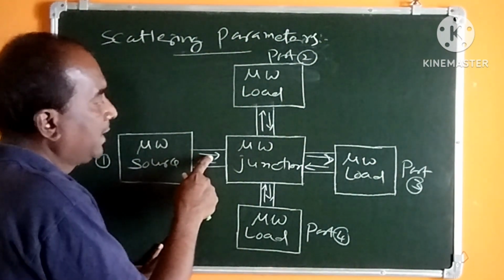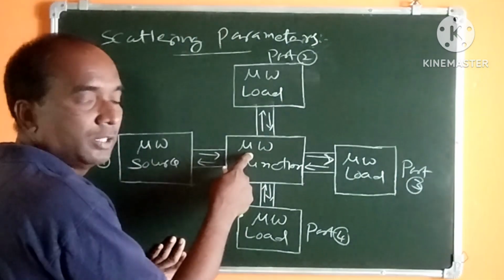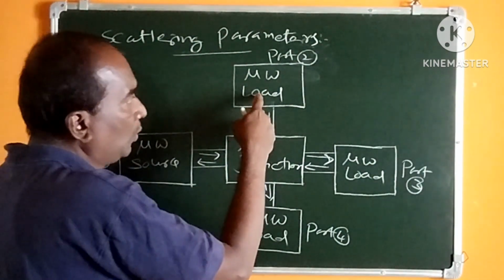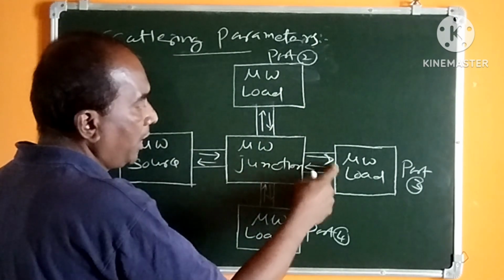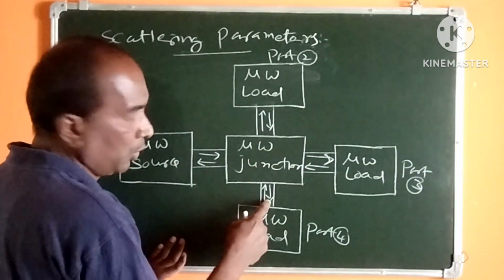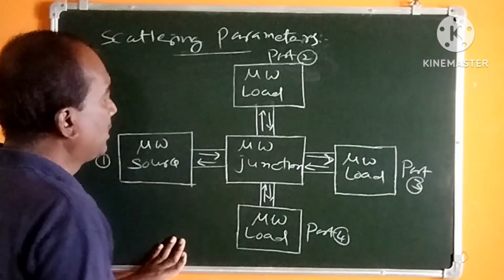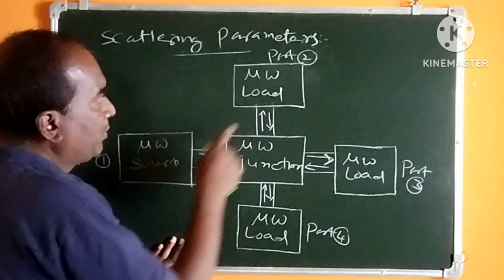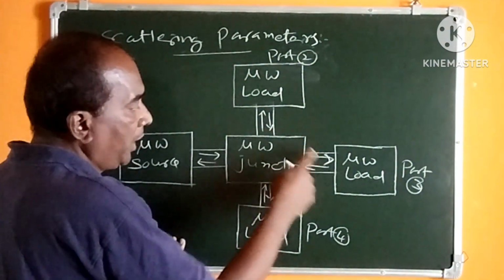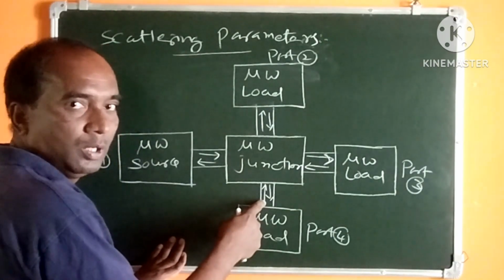This signal is given to the microwave junction. It may pass out through port 2, port 3 or port 4.